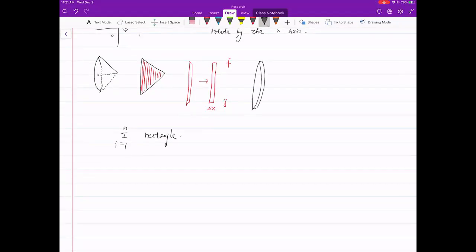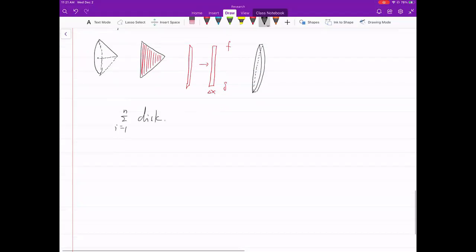Can you see, if you have a volume and you cut it in the same way, instead of a rectangle you're going to receive a disk. So if you want to do the volume, you simply do the same thing, except this time you do disks.